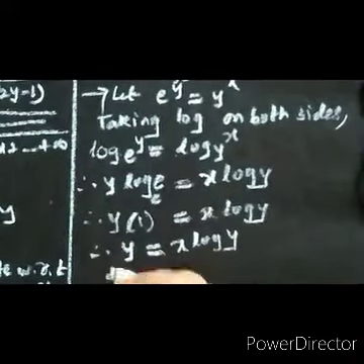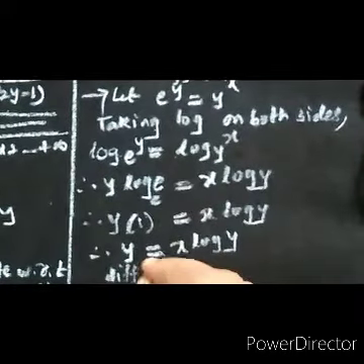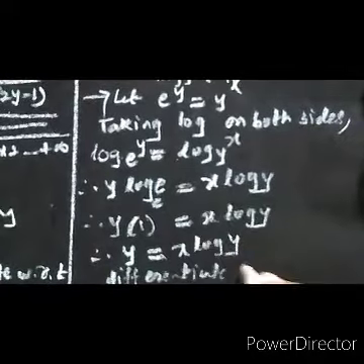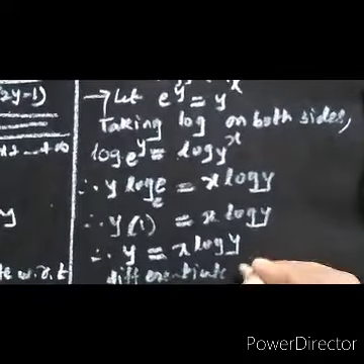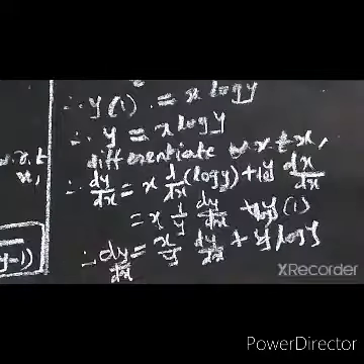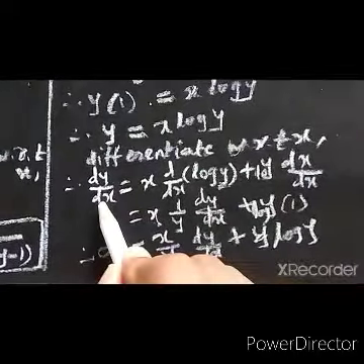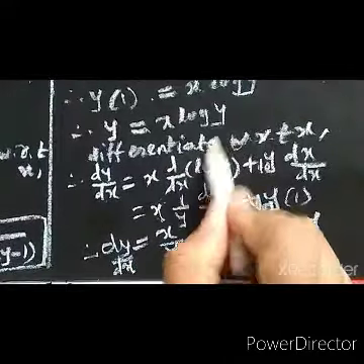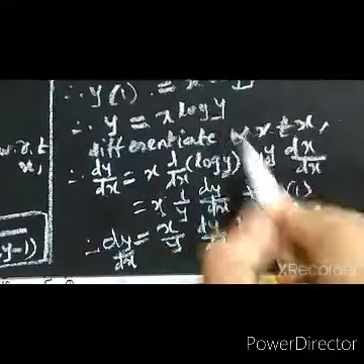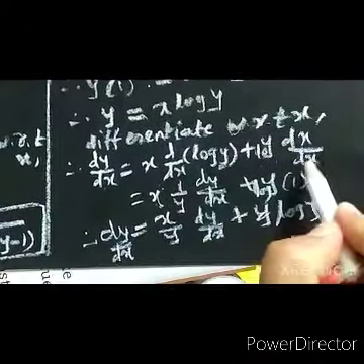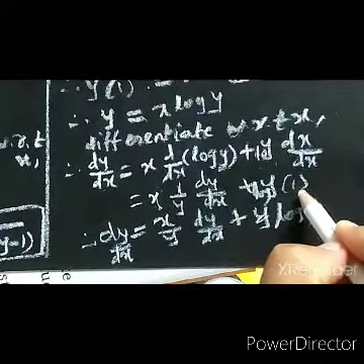So differentiate y with respect to x. Therefore dy by dx is equal to first constant x into d by dx of log y plus second constant log y into the derivative of x, dx upon dx, but dx upon dx is 1.